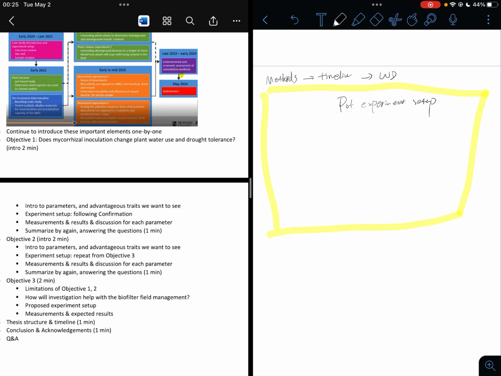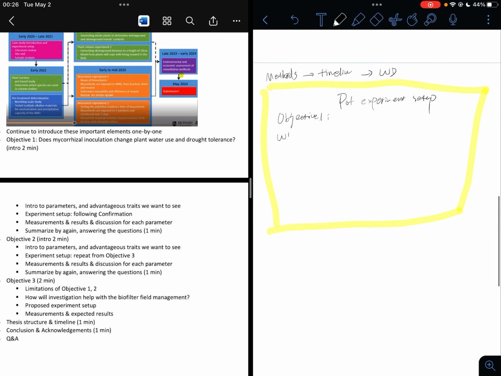And I guess we can just say that for objective 1 we have only the water deficit cycle monitored.